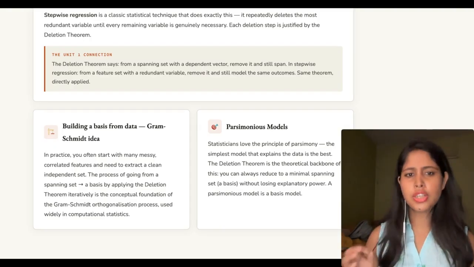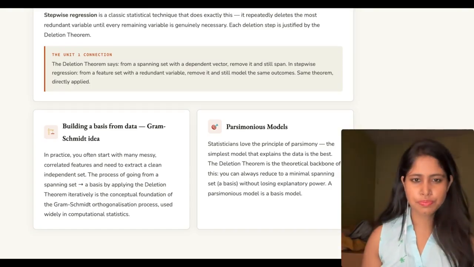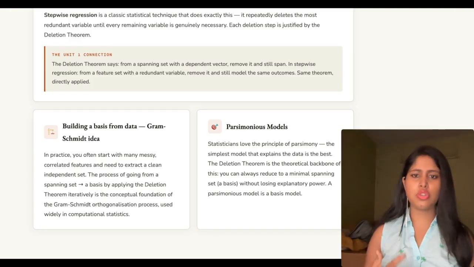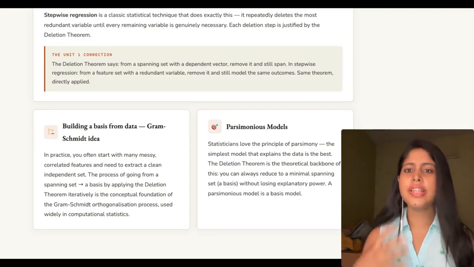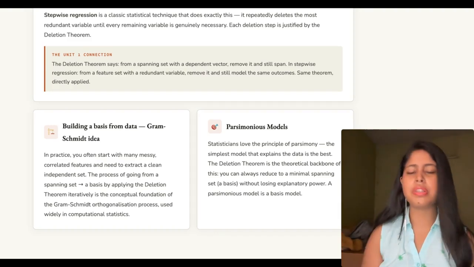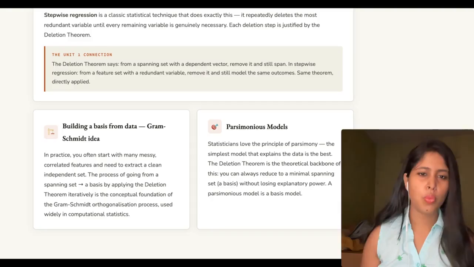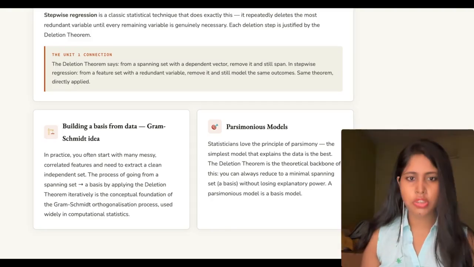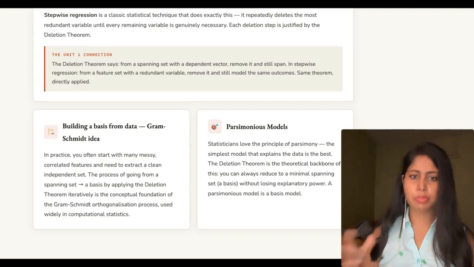Measurable quantities that stand in for the abstract concept. For example, monthly household income can be the proxy for socioeconomic status, and then for health quality, what can be the proxy variable? It can be the number of doctor visits per year, and basically this is how we work with proxy variables.